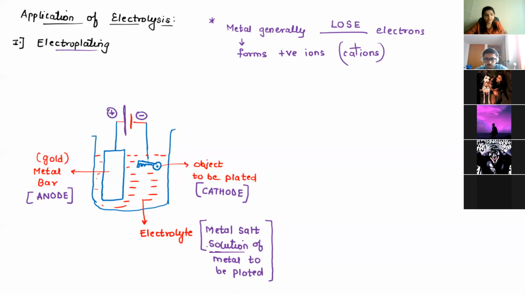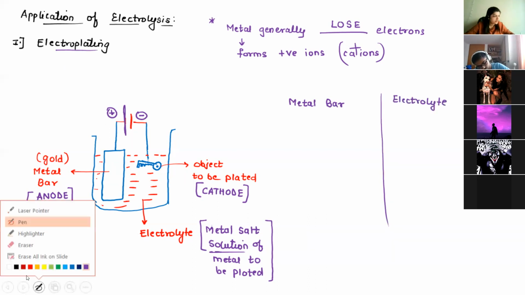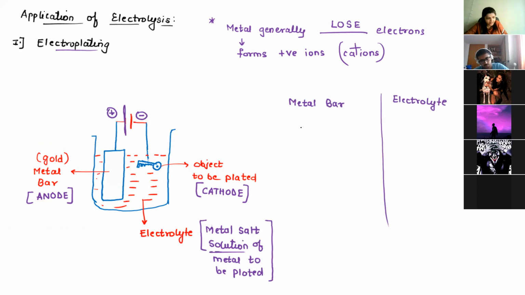So I'm going to write over here some examples of the metal bar which you can use, and the metal salt solution as electrolyte. If you are using your metal bar as gold, which is Au, your electrolyte should be AuNO3, gold nitrate solution, AuNO3 aqueous.